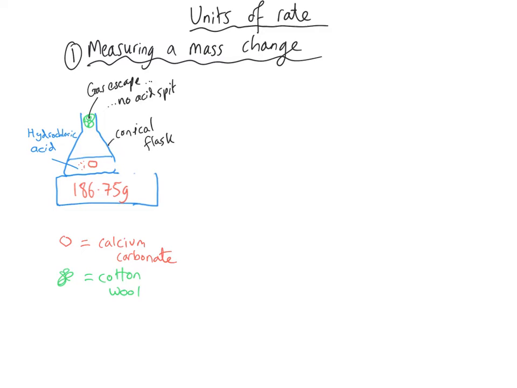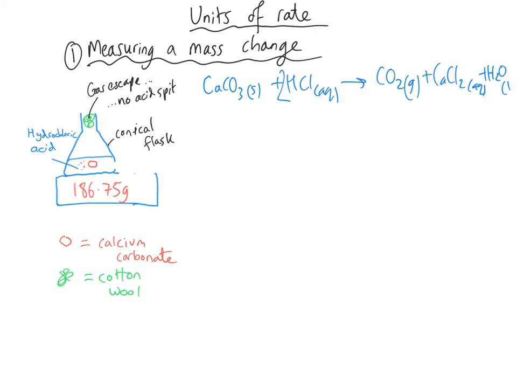And what we want to do in this experiment is look at the mass of the gas that is escaping. So if we've got calcium carbonate that's a solid, and we're reacting it with hydrochloric acid, which is a solution, we're making carbon dioxide gas, and we're making calcium chloride, and we're making water. And of course, what's happening is the carbon dioxide is leaving and so the mass is going to go down.